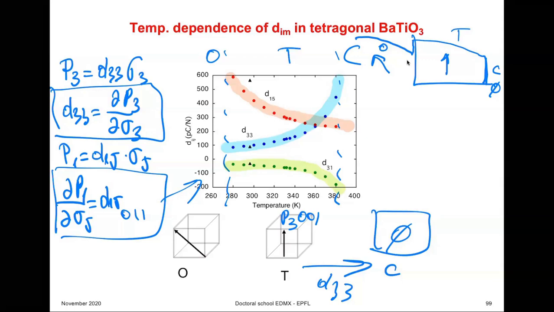So what the shear coefficient is describing is rotation of polarization.